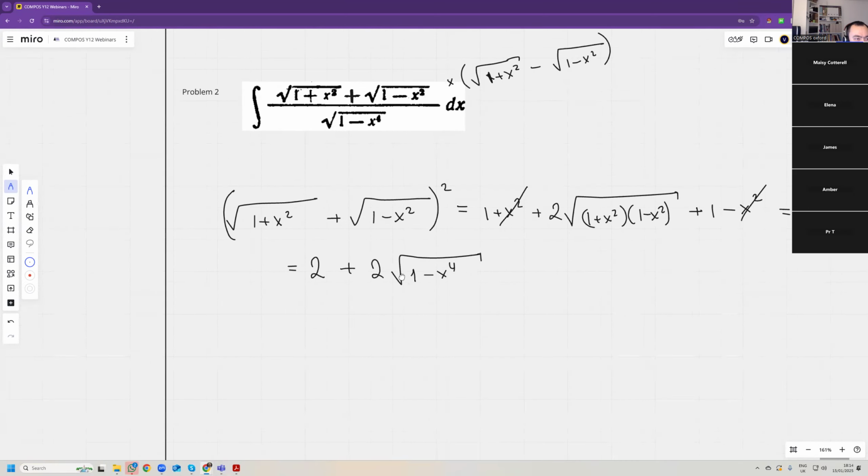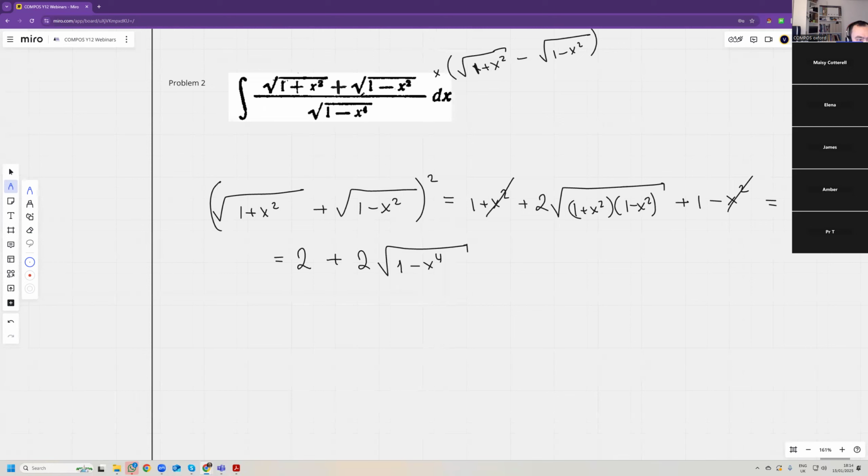Well, I can say that the bottom integral is square root minus 2 over 2. I think I need a substitution here.